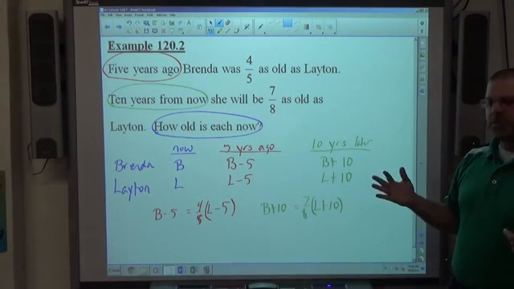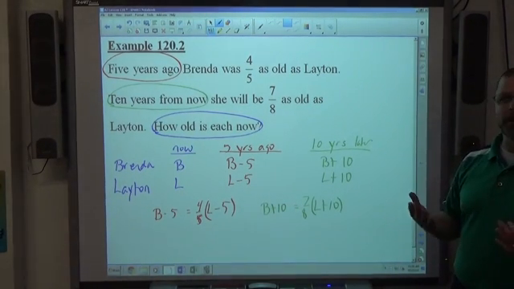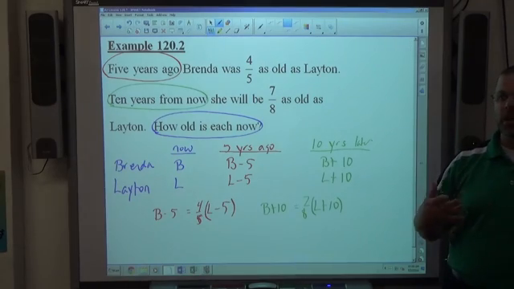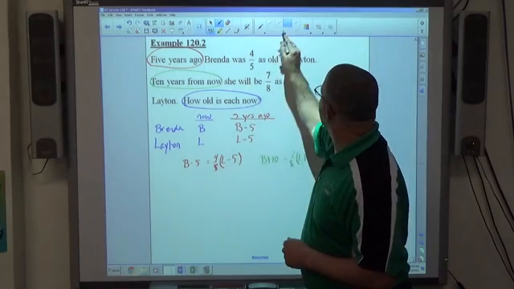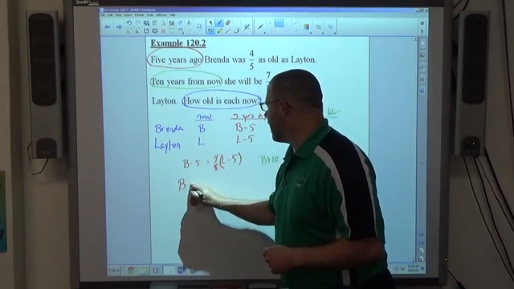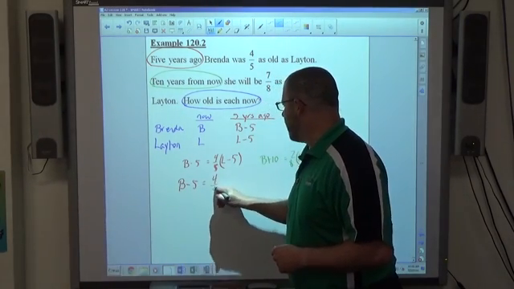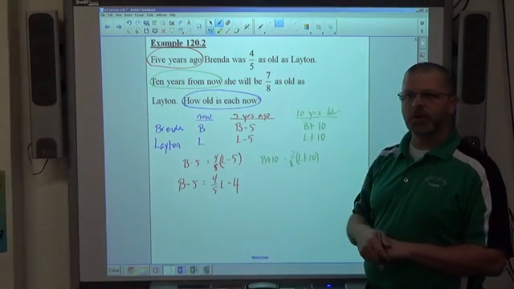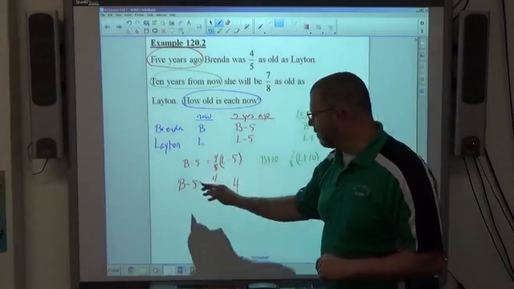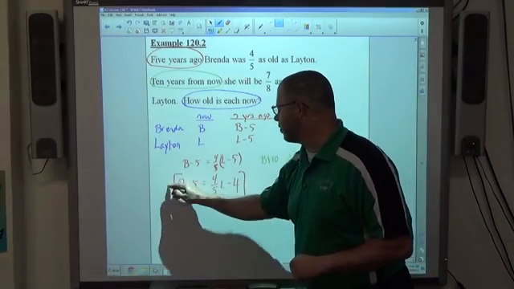Now, this system's a little uglier because of the fractions, so what I would probably do is simplify, get rid of the fractions, then I'm ready to go. So if I take these equations and simplify first, this is B minus 5, and this is going to be 4/5 L minus 4. 4/5 times 5 is 4, right? The only fraction left now is the 4/5. Multiplication by 5 gets rid of that.